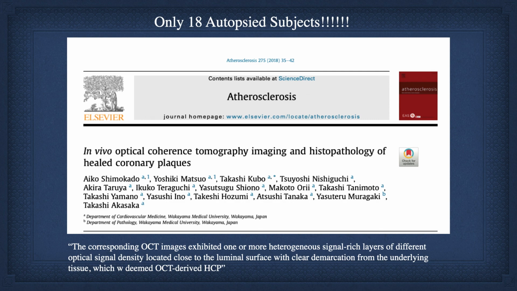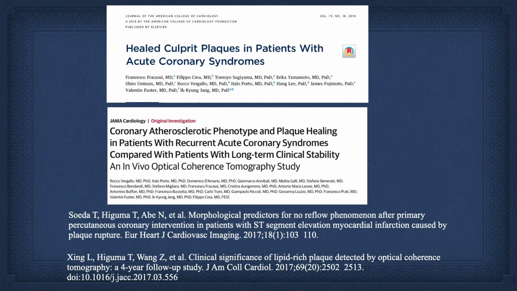But there is one point in the paper where they said 28 patients, and it seems like the 10 patients were removed, or that may have been a typo in the paper. So in our Circulation paper, we didn't mention one of these healing papers when we described the mechanism we used.